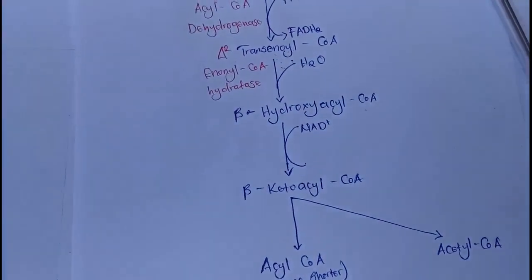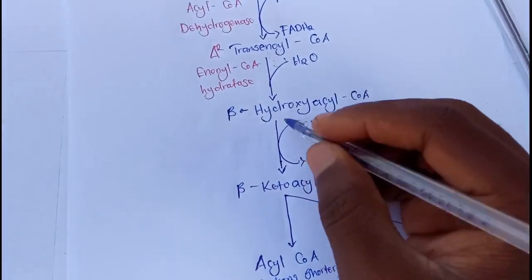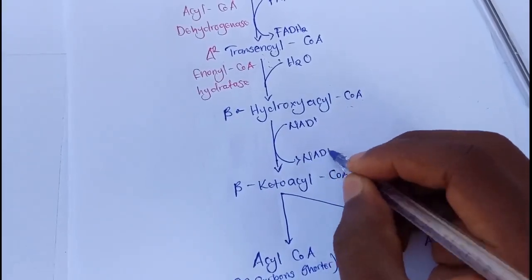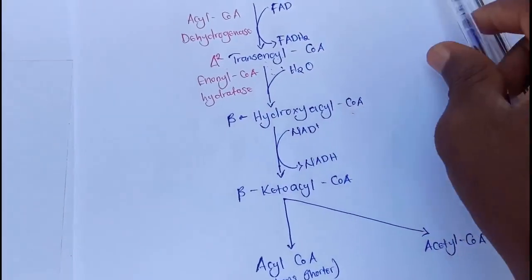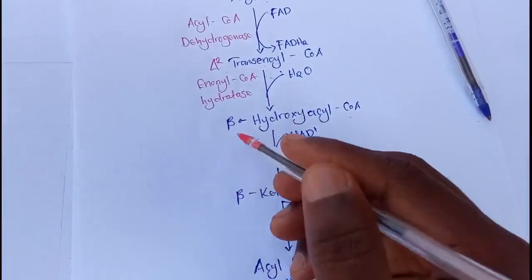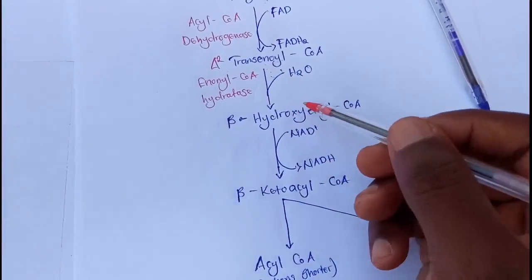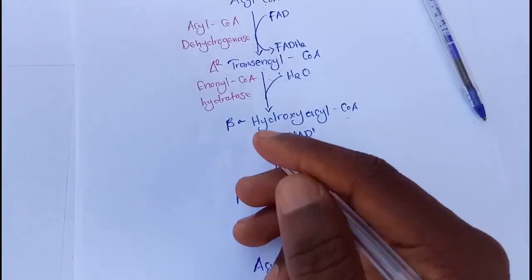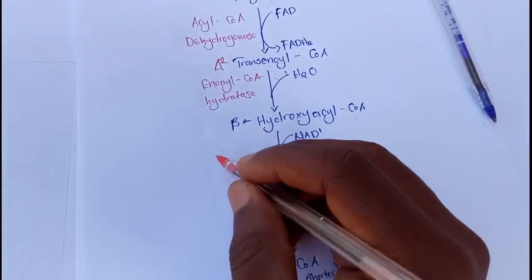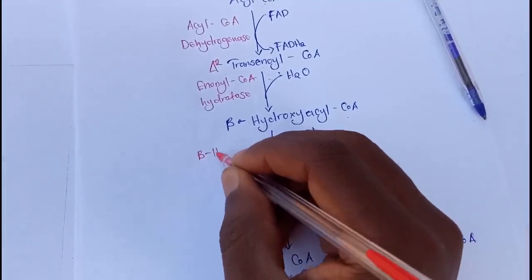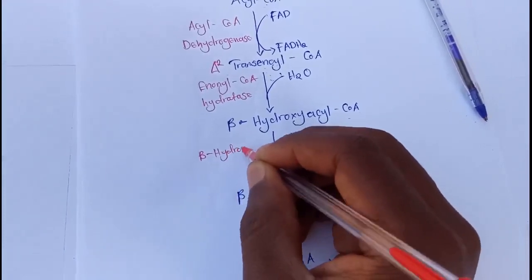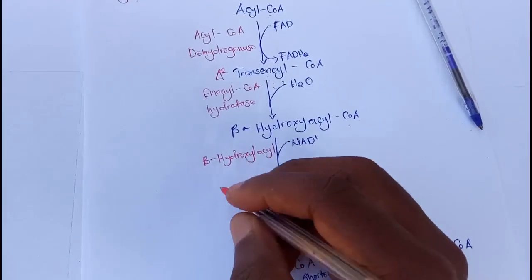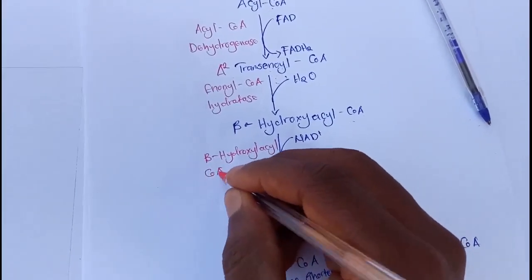This NAD plus will receive the hydrogen and form NADH. Makes sense, right? The enzyme involved in this, we still get the name of the substrate, so the name of our enzyme is simply beta hydroxyacyl CoA dehydrogenase.